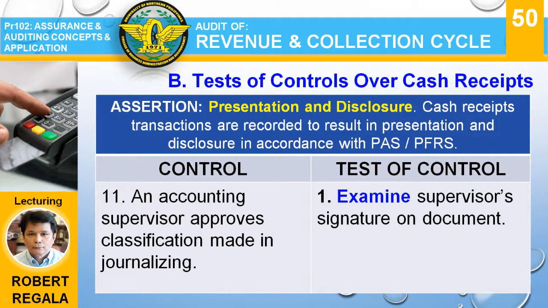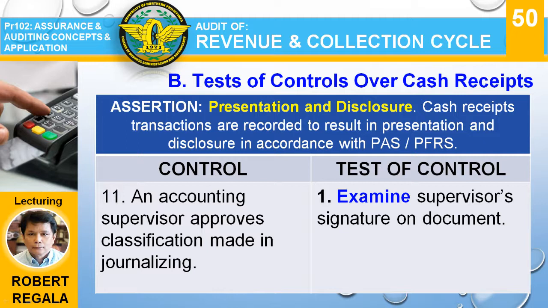Slide 50. General assertion, presentation and disclosure. Specific assertion, cash receipts transactions are recorded to result in presentation and disclosure in accordance with PAS and PFRS. This is the only slide discussing the control for the assertions mentioned. The 11th control is described as an accounting supervisor approves classifications made in journalizing.